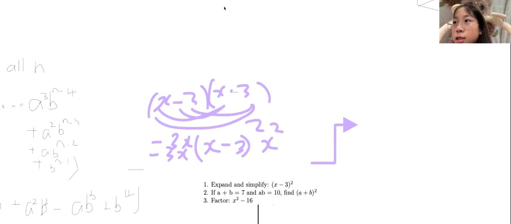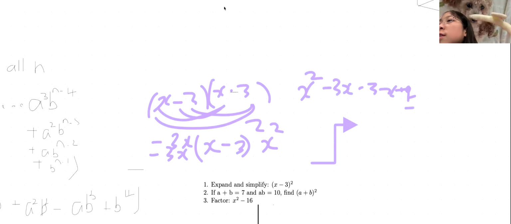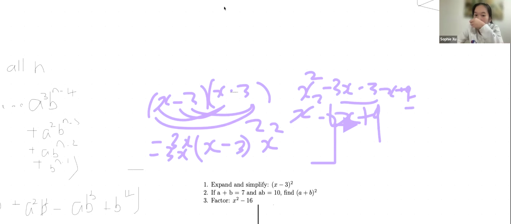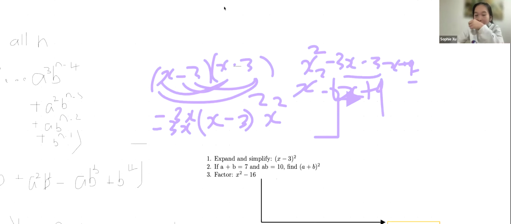So it's x squared minus 3x minus 3x plus 9, and then you can put these two together, so it's x squared minus 6x plus 9. Okay. Question 2, someone else.